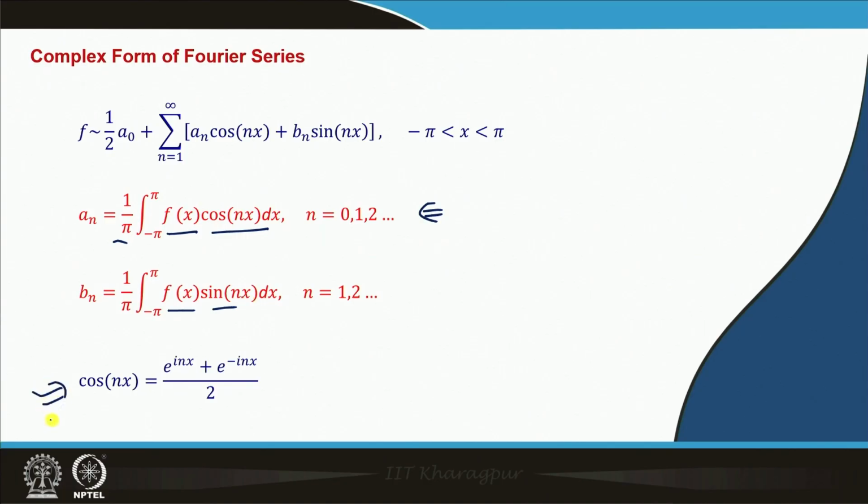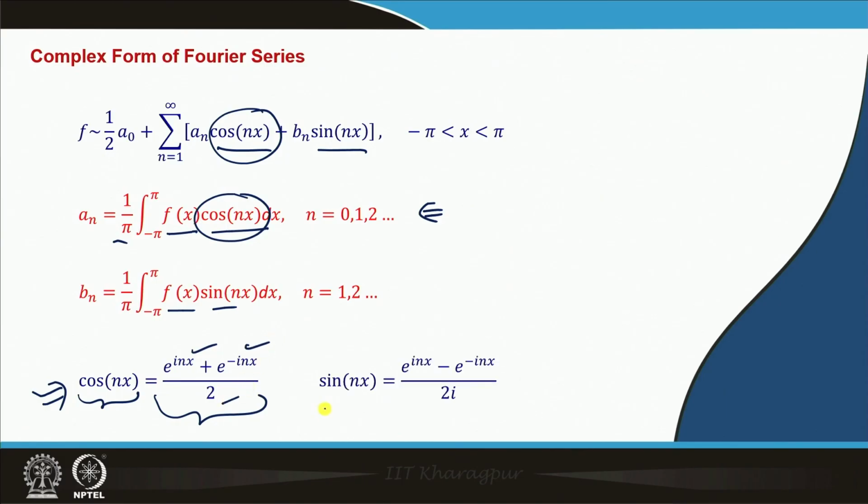We have to use the Euler formula now to convert into the so called complex form of the Fourier series. This cos n x appears, for example, in the Fourier series and also in the Fourier coefficients. So, cos n x can be replaced with the help of the exponential formula: e power i n x plus e power minus i n x, divided by 2.